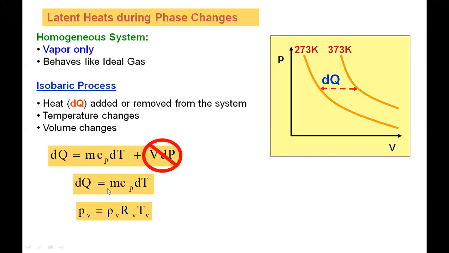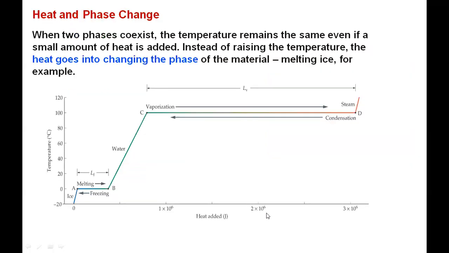So dQ تساوي m cp dT and we substitute for the volume of vapor, sorry, P V تساوي rho للvapor في R للvapor في T للvapor. Okay, here is the diagram between the temperature and heat added. When we add heat, the temperature changes with heat added.